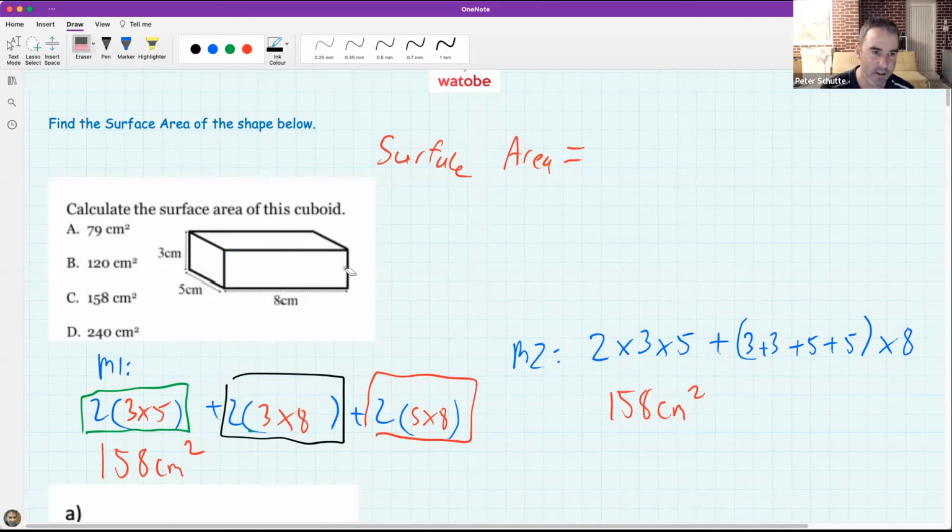But another way of doing this is to say, okay, why did this one work? 2 times 3 times 5. Now, what I did with this one is I said, what is the area of the base? I'm calling this the base. And so there's 3 times 5. And now, because there's 2 of them, that's this part over here.